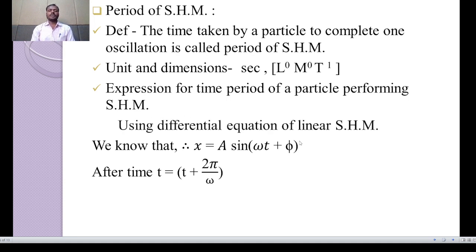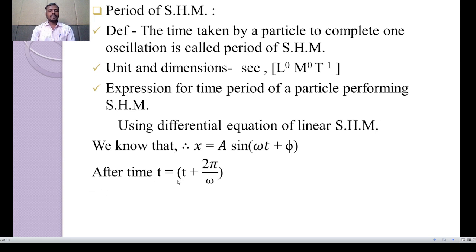Now the next point is the expression for the time period of a particle performing simple harmonic motion. Using the differential equation of SHM, we can write x is equal to a sine(omega t plus phi). This is the equation of the displacement.